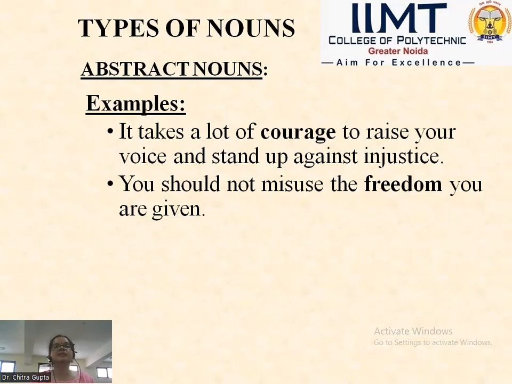You should not misuse the freedom you are given by the country. Freedom is of course an abstract noun. A free man can be sensed, but freedom cannot be sensed.